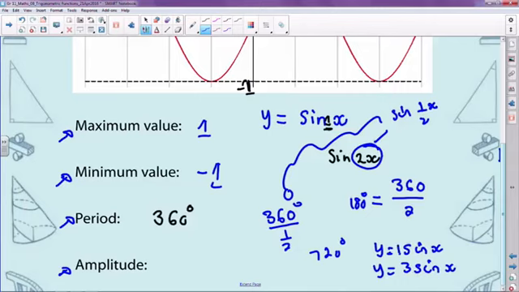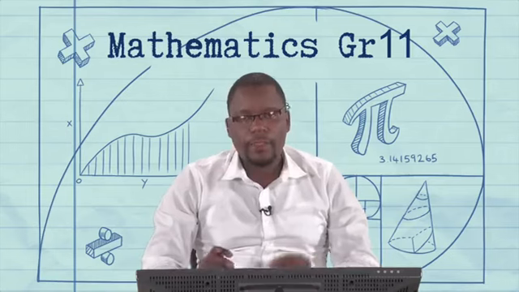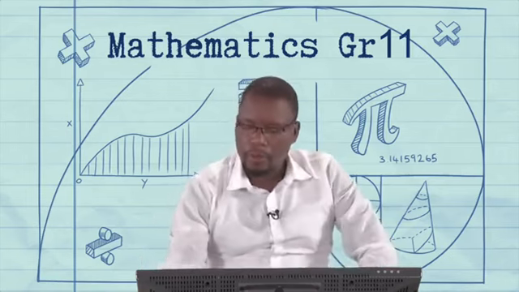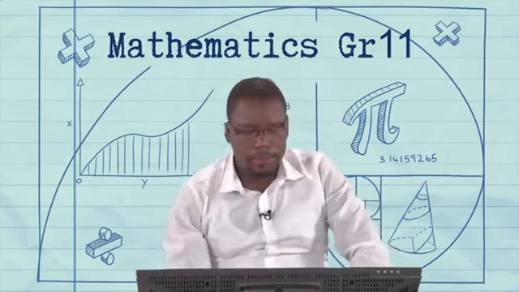This is 1 sine x. Our amplitude from last year for this particular graph is 1. But if I've got y equals 3 sine x, it means that your amplitude will be 3. I hope this helps.